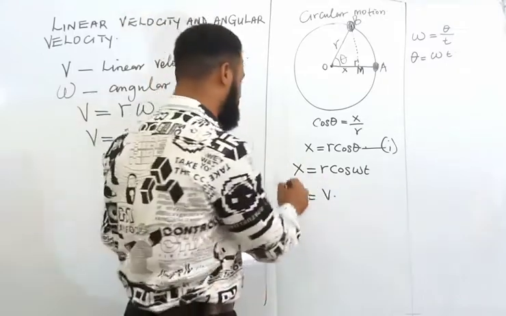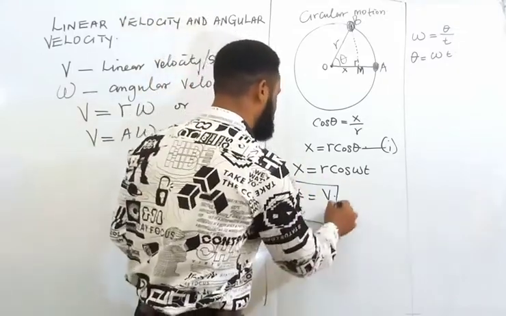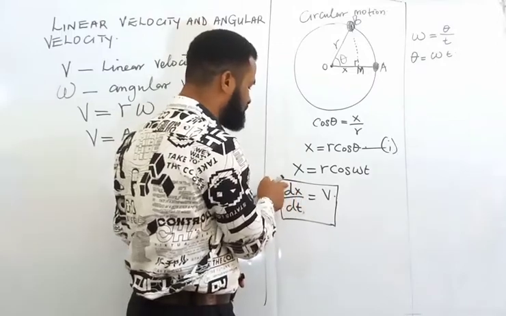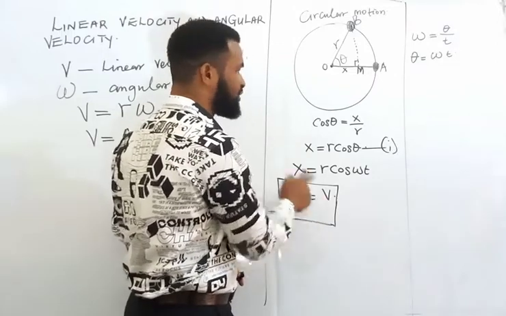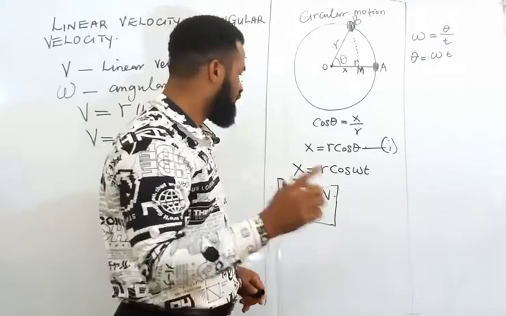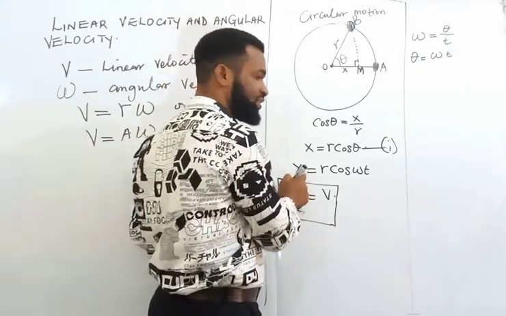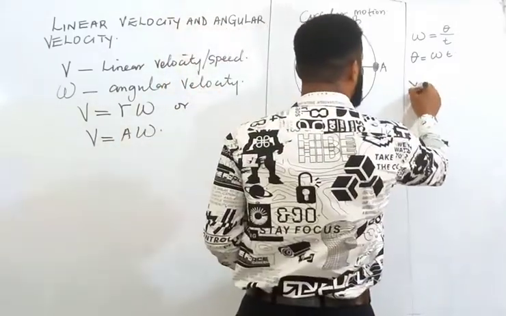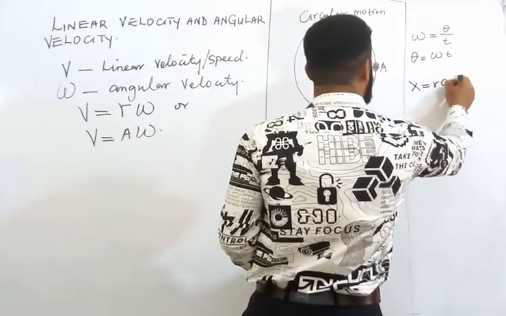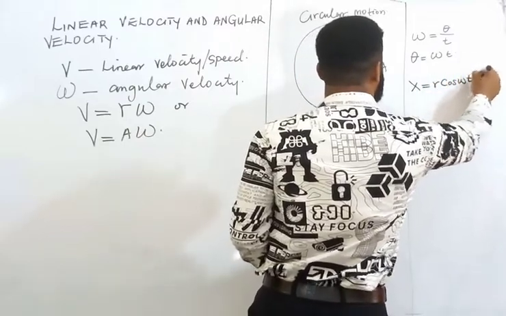Have that at the back of your mind, because rate of change of displacement with time is what velocity explains. However, I want to do the derivative of this. I'm going to have x is equal to r cos omega t.